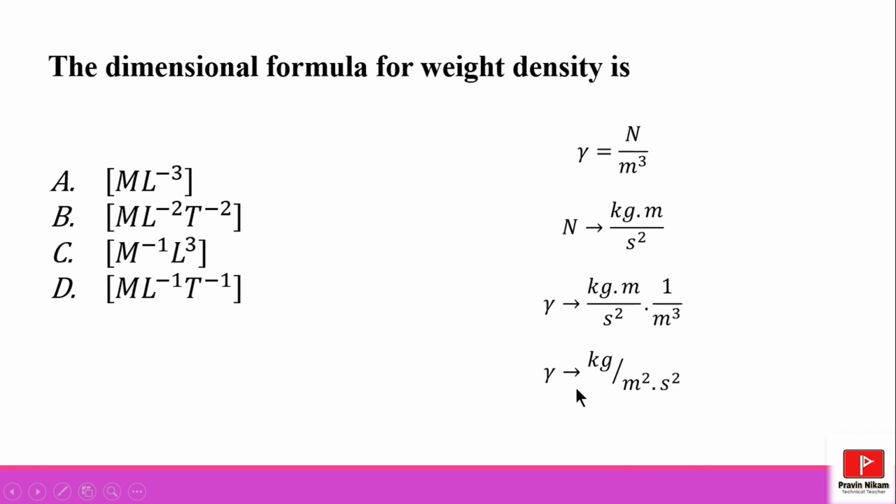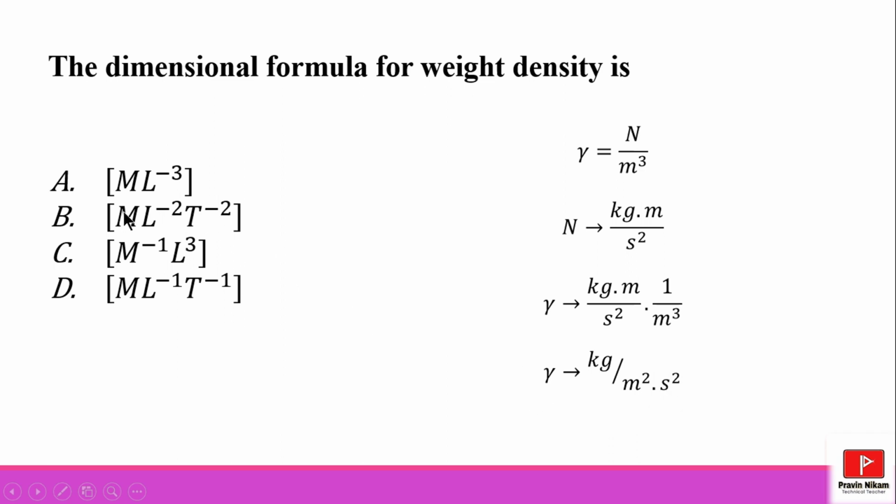This is M, this is L, this is time T. So kg is at the numerator, so M raised to 1. Now this is at the denominator, so minus 2, so L raised to minus 2, and this is also at the denominator, so T raised to minus 2.